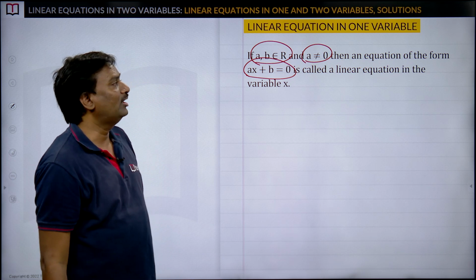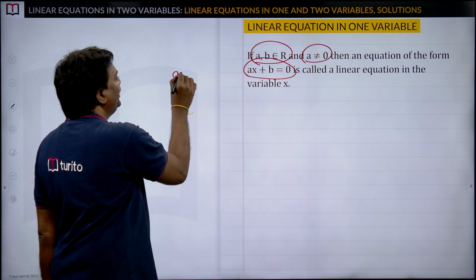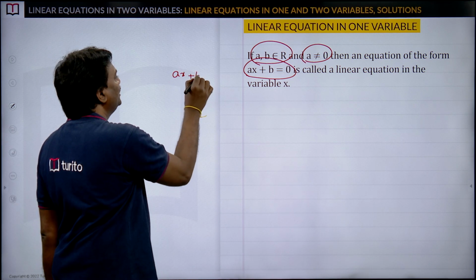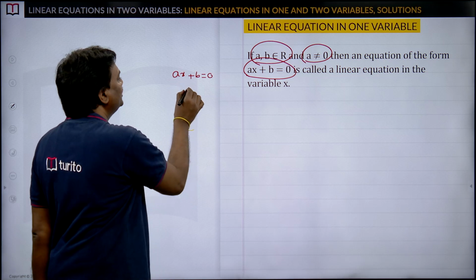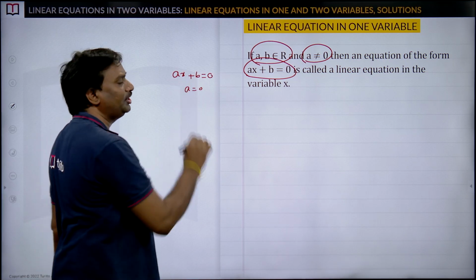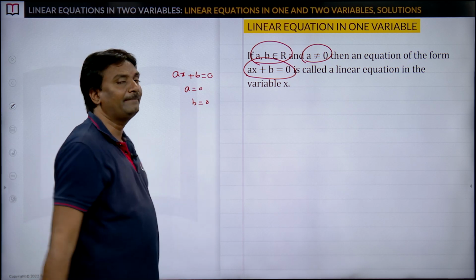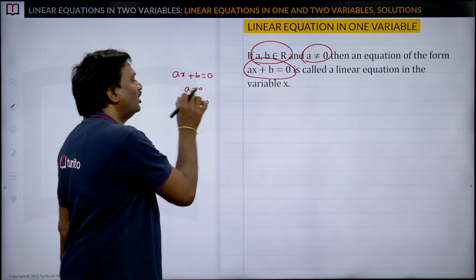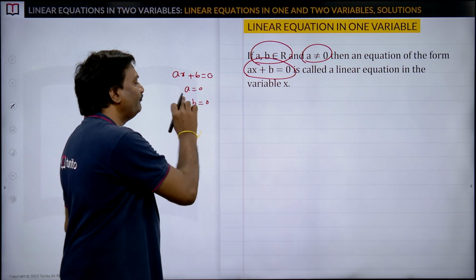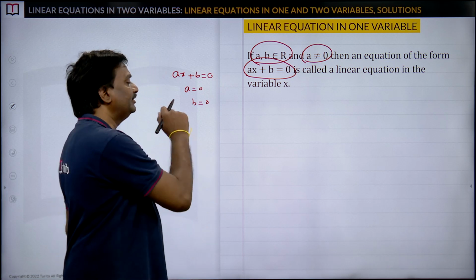If A, B belong to R and A is not equal to 0, then Ax plus B equal to 0 is the linear equation in one variable. Suppose A equals 0: then 0x is again 0, and you get B equal to 0. This is true only when the value of B is 0; for the remaining values of B it is not.